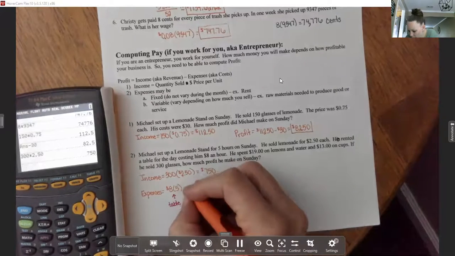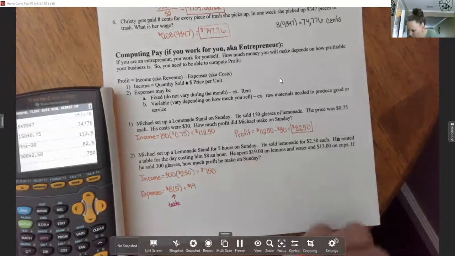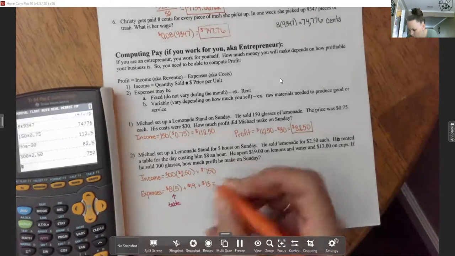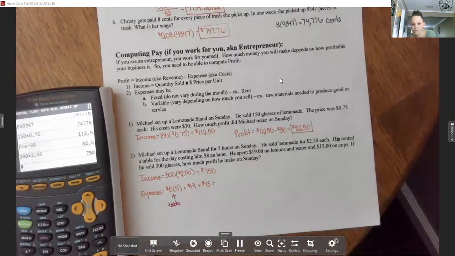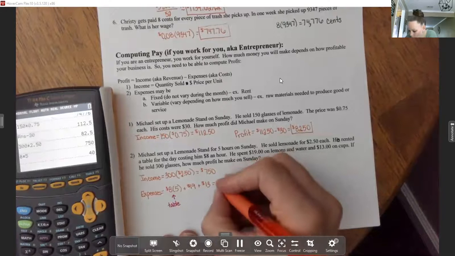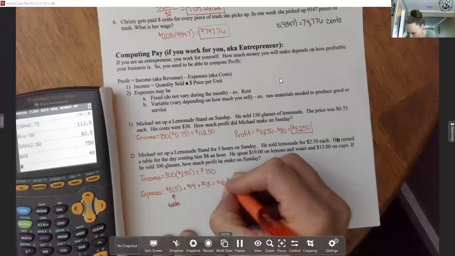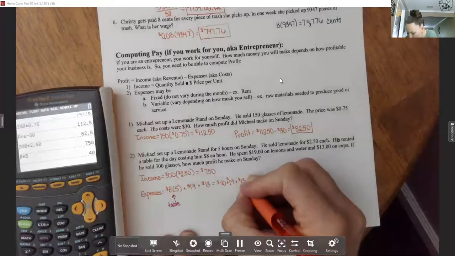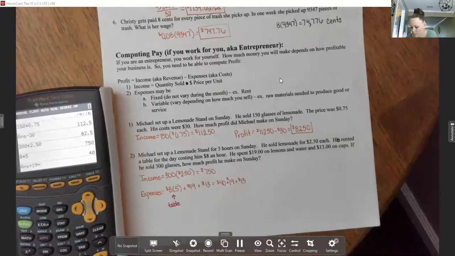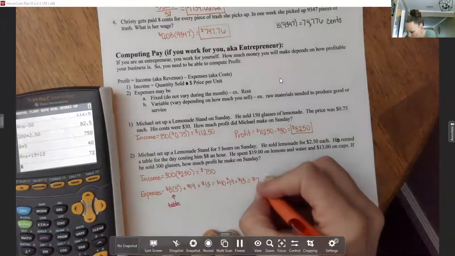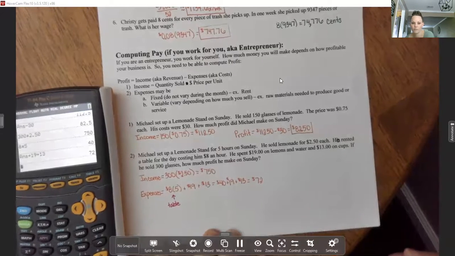Plus the $19 on the lemons and $13 on cups. So 8 times 5, this is $40 plus $19 plus $13. So his expenses were $72.